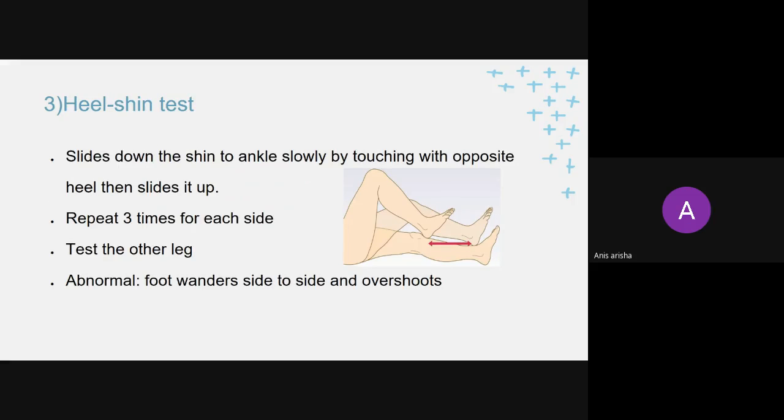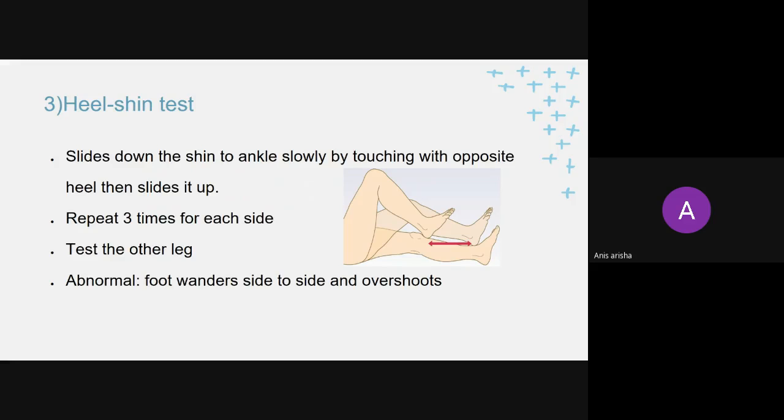Other than that, we will assess the heel-shin test. In the heel-shin test, we ask the patient to put the opposite heel on the shin, and then go down to the ankle slowly.